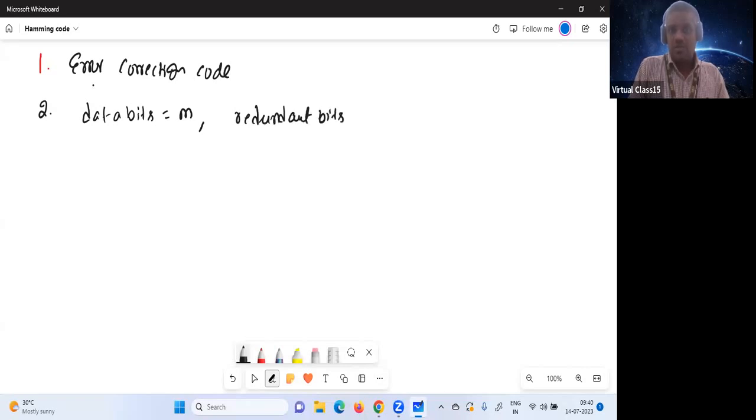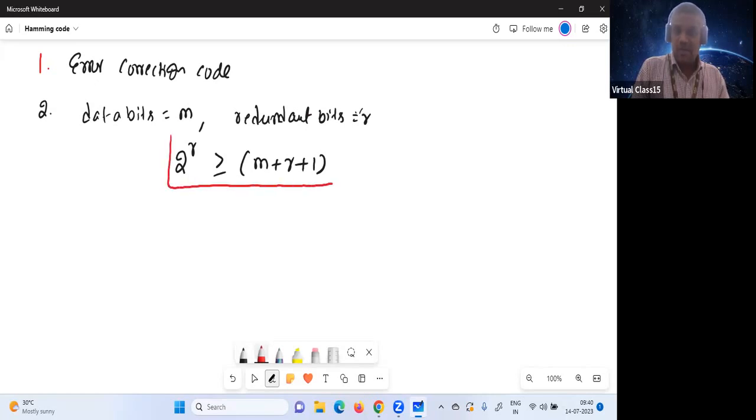Redundant bits, assume r, right? The formula: you have to compute r in such a way that 2 power r is greater than or equal to m plus r plus 1. So this is the formula. Based on this formula, you have to find out the r. m will be given to you.